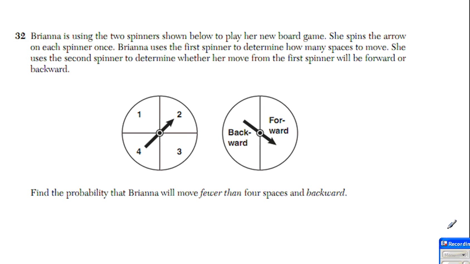Alright, so let's look at number 32. Brianna is using 2 spinners. She spins the arrow on each spinner once, determines how many spaces to move, and then the second spinner determines whether to move forward or backwards. So now, what is the probability that Brianna will move fewer than 4 spaces backwards?